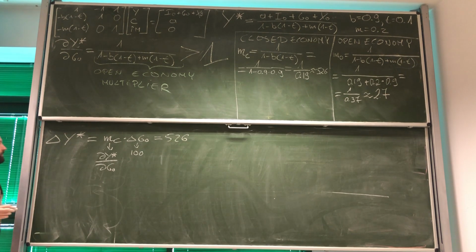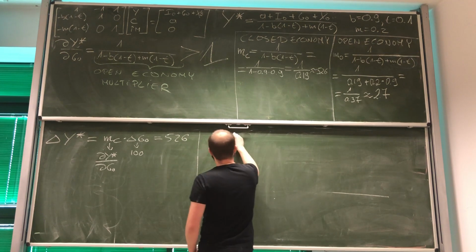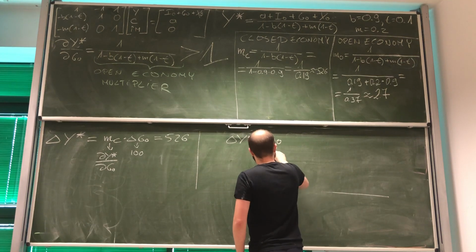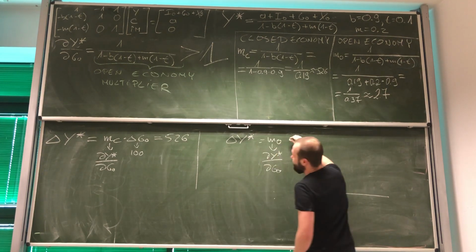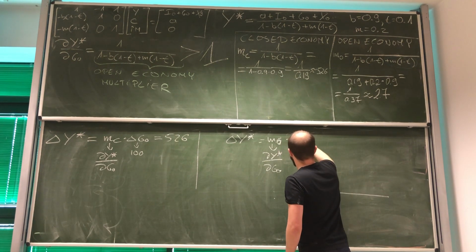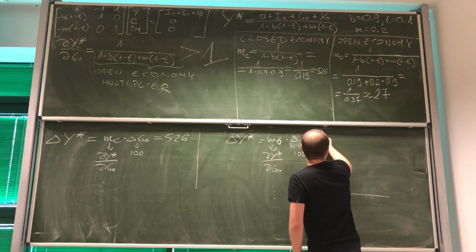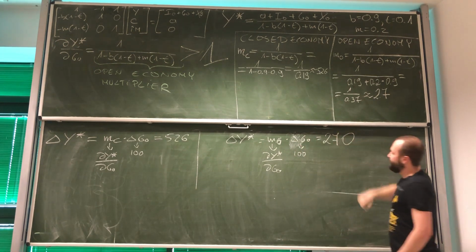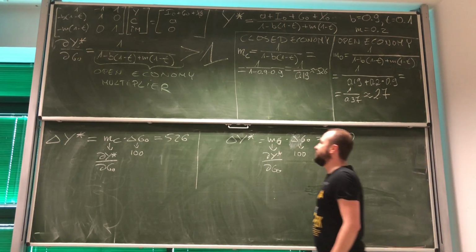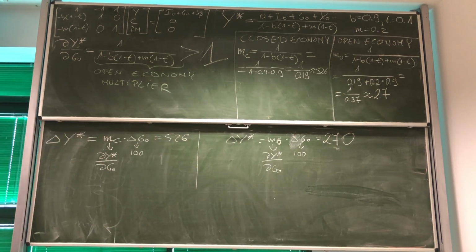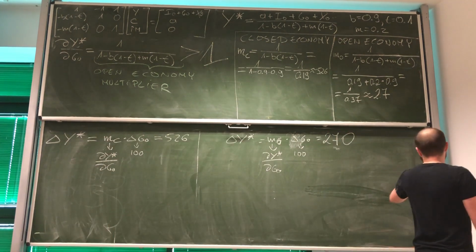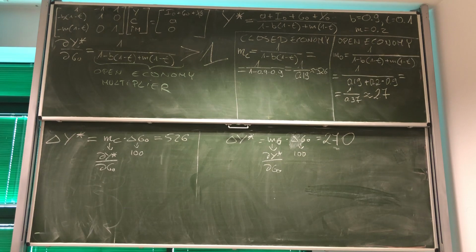However, if I'm going to do the same exercise for open economy, and again, let's just say that government increases spending by 100, we see that equilibrium level of GDP increases by 270, which is half of what we get in closed economy. Now, the question is, why does this happen?